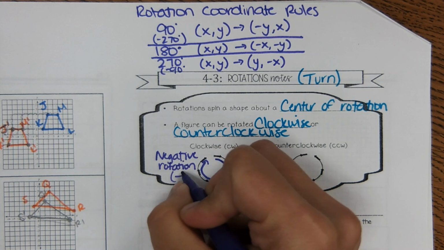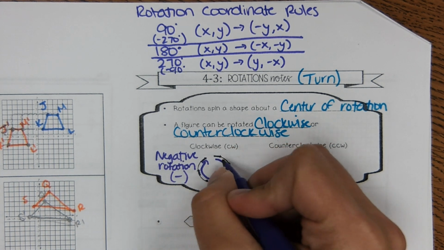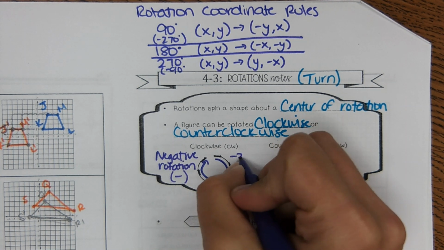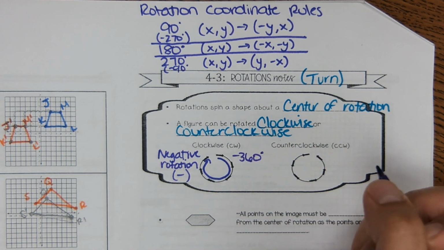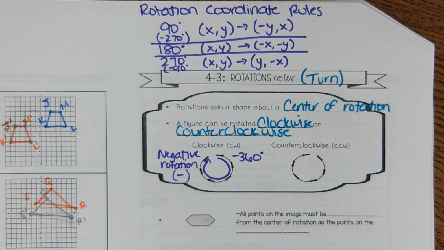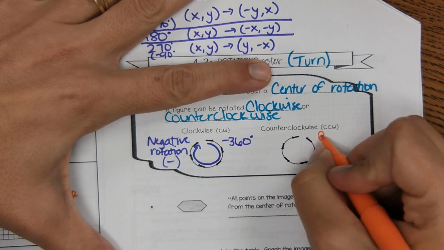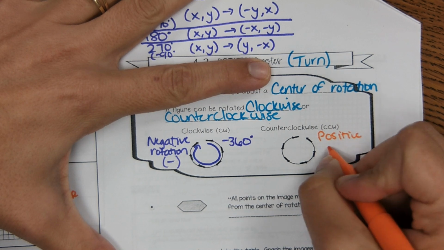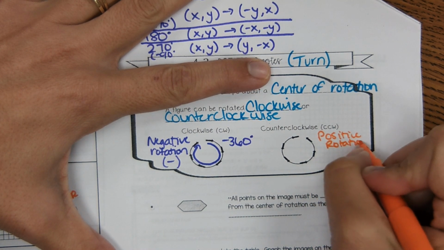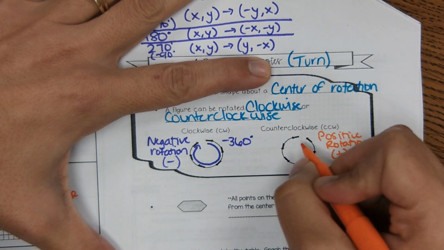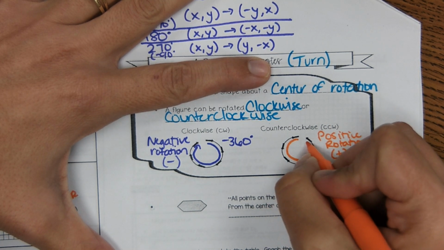So like a negative symbol. All the way around clockwise would be a negative 360-degree rotation. And then counterclockwise is a positive rotation. So if you're rotating this way, it's positive.